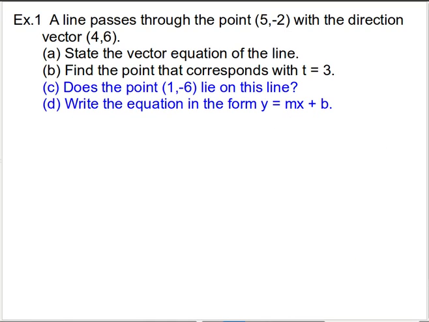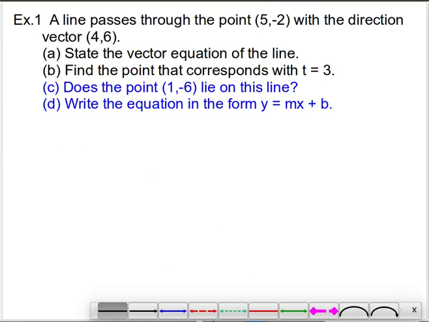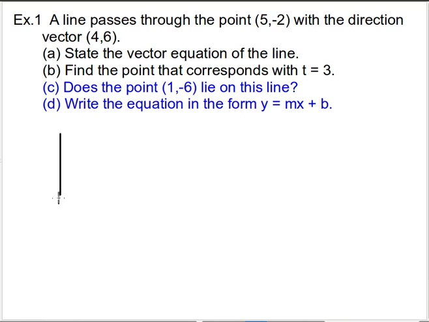So let's do an example where we try to put this into practice. We have a line that passes through the point (5, -2), and it has a direction vector (4, 6). So I'll go ahead and give a very quick sketch of this off to the side.